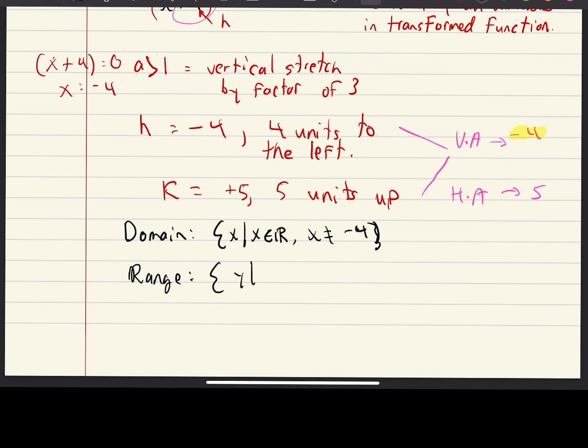So for all y values such that y is equal to all real numbers, y cannot equal 5. Now, in terms of our non-permissible values, which are our vertical asymptotes, that would just be negative 4 as well. Sometimes questions ask you for the non-permissible value, and basically whatever the vertical asymptote is, that's your non-permissible value.